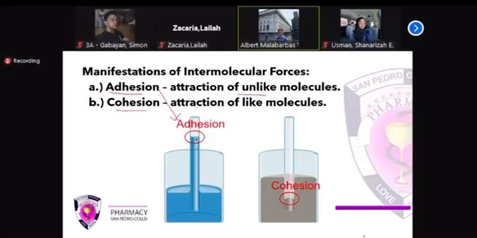Whereas cohesion, it is the attraction of like molecules. Itong nasa baba, it's an example of a cohesive force kasi yung liquid attracted lang sa liquid na nasa baba, na nasa bulk. Adhesion, unlike; cohesion, like molecules.